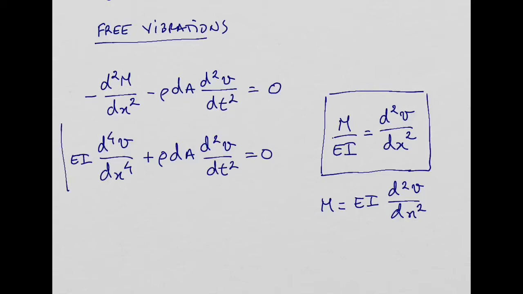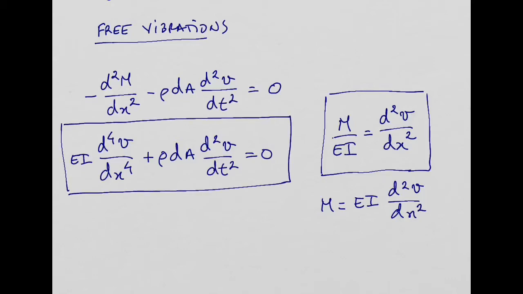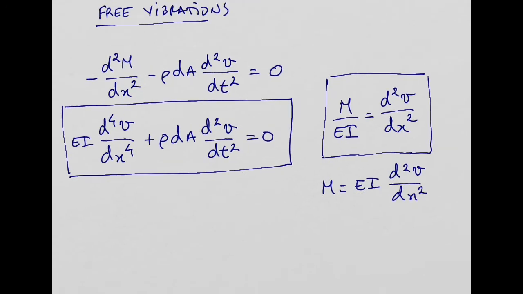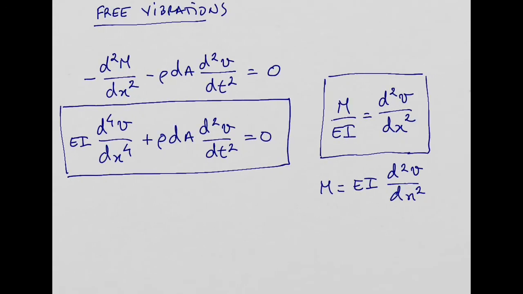And this is the final differential equation, or if you want, we can divide everything by EI, which is more convenient here because of the fourth derivative of the deflection. So we will get something like this, rho dA over EI.